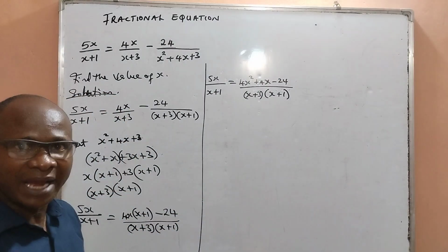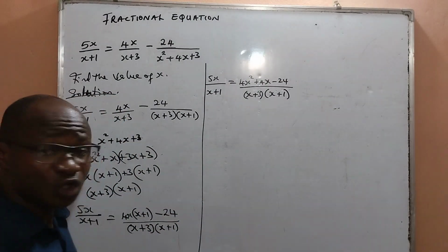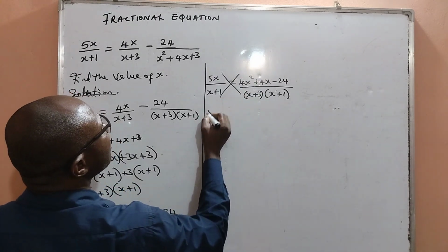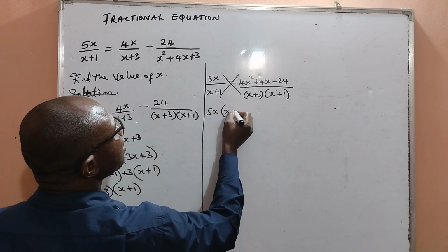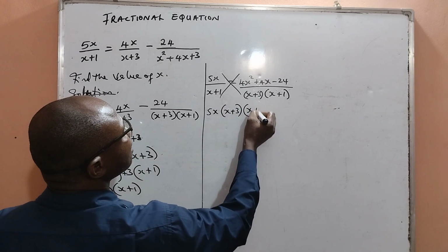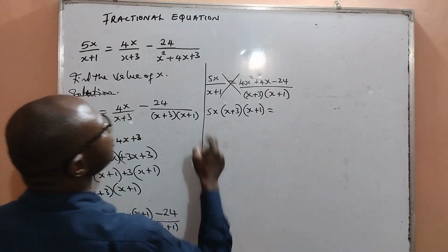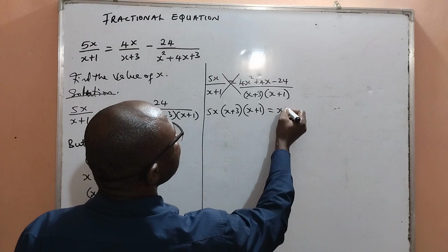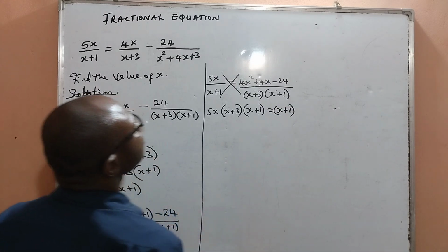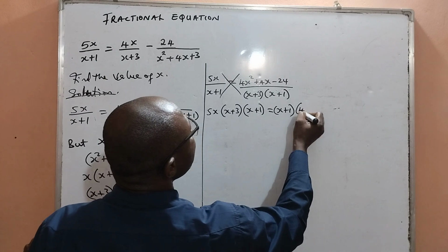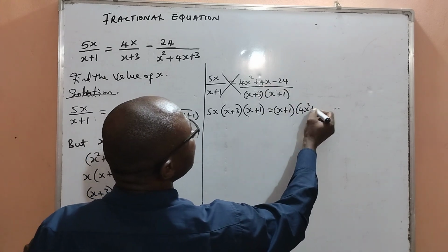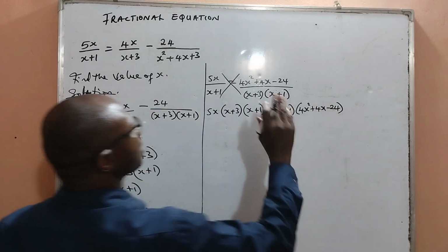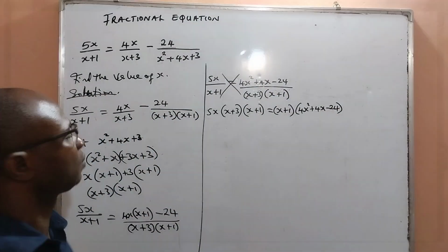At this point, what I will do is cross multiplication, and when that happens, I will have it written as 5x into x plus 3, then x plus 1 equal to, I will use this to multiply here to give me x plus 1 into 4x squared plus 4x, then minus 24. Alright, it is now a single equation.